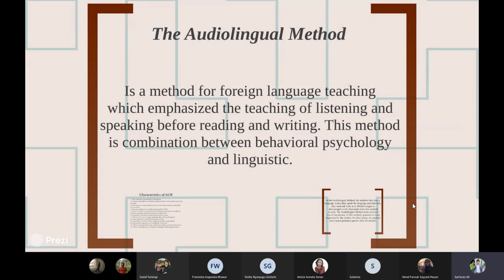It is a method for foreign language teaching which emphasizes the teaching of listening and speaking before reading and writing. So it mainly focuses on listening and speaking skills rather than reading and writing. This method is a combination of behavioral psychology and linguistics.